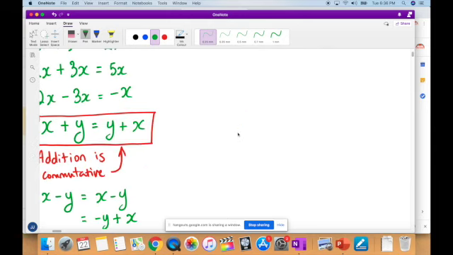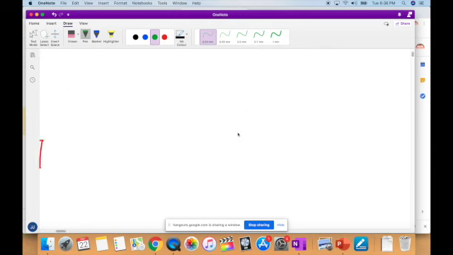Very good. Now let's talk about multiplication just a little bit. You could see that when I had x plus x, that gives me 2x, because multiplication is just repeated addition.